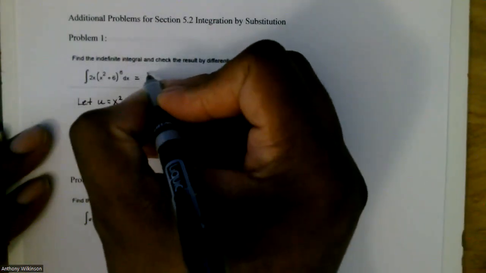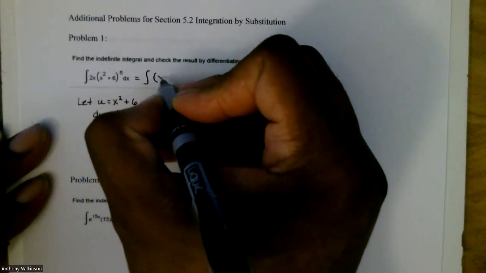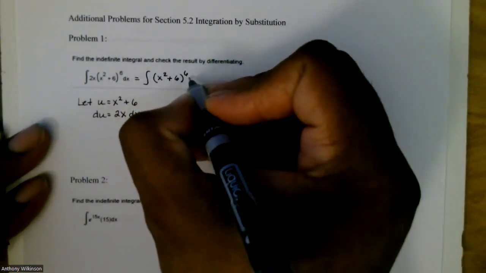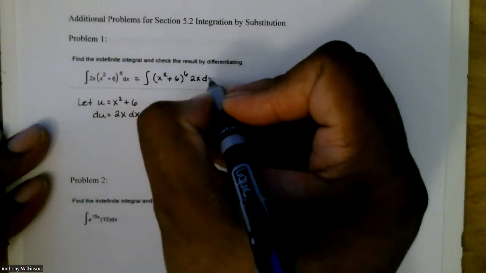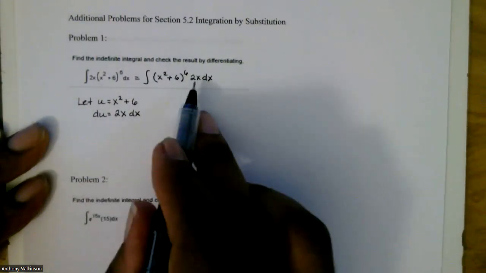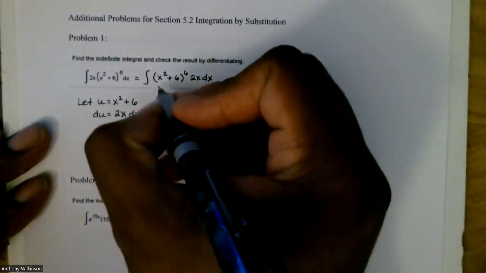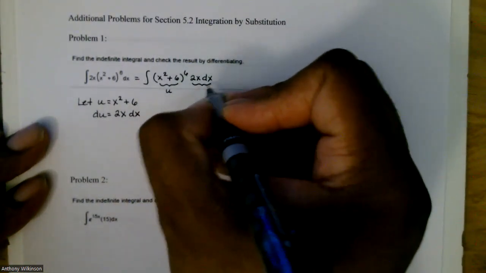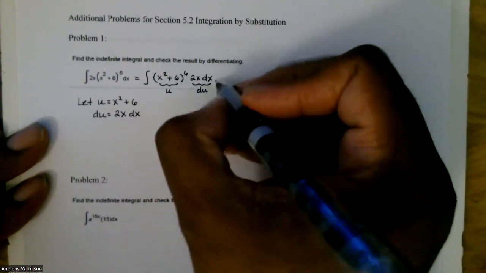So let me rearrange this as the integral of x squared plus 6, that quantity to the 6th power, times 2x dx. That's our du right there. So this x squared plus 6 would be u, and the 2x dx will just be du.